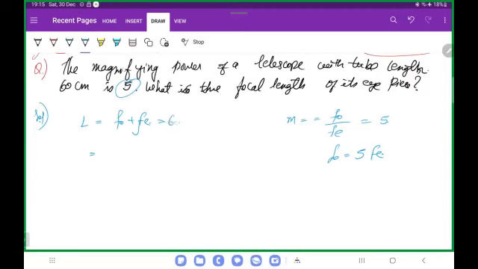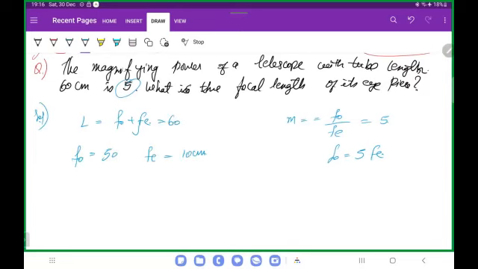This is equal to 60 because it's tube length. So f_o we can say is 50, and f_e is 10 centimeter.